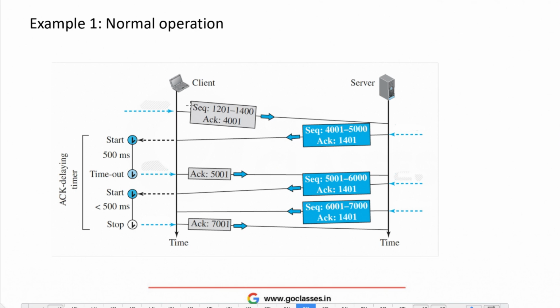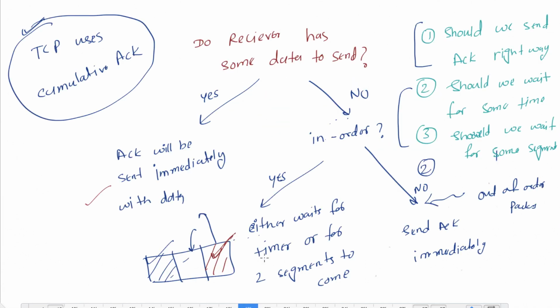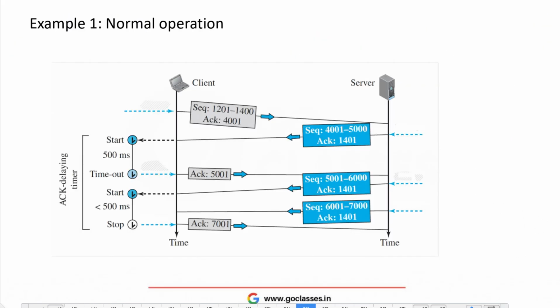All the examples that I have taken are from the Forouzan book, and the rules that I just told you are from the Forouzan book. So I will be following only one implementation, which is this. These things depend on the implementation, and the Forouzan book has the practical implementation, so I will stick to it, but you do not need to remember this, right?